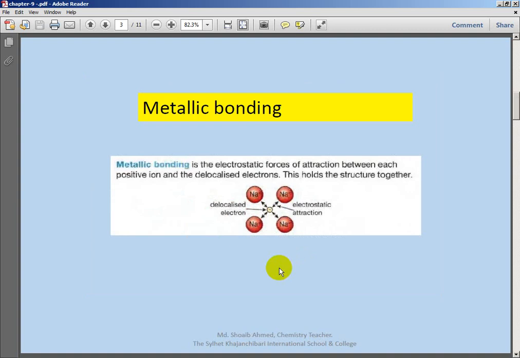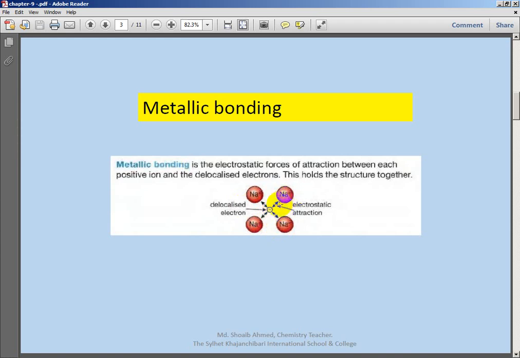So what is metallic bonding? Metallic bonding is the electrostatic forces of attraction between each positive ion and the delocalized electrons.